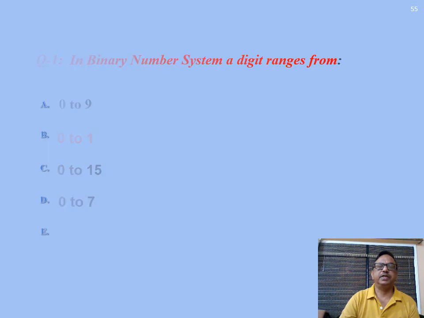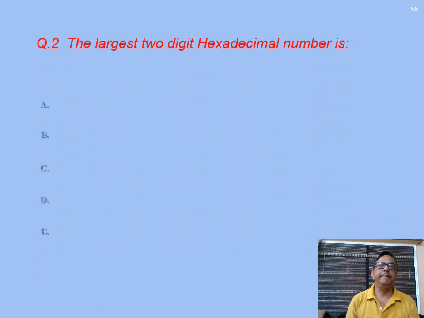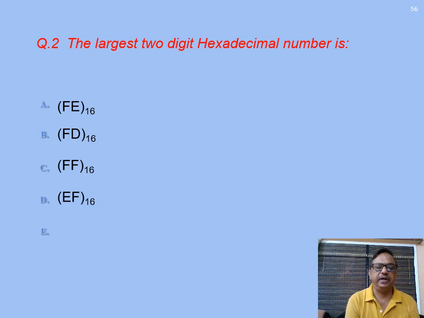Now for the next one, I have taken: the largest two-digit hexadecimal number is, I remind you once again, the largest two-digit hexadecimal number. I have given four options: option A, FE; option B, FD; option C, FF; and option D, EF. So what will be your answer?